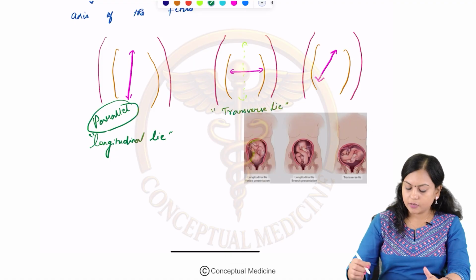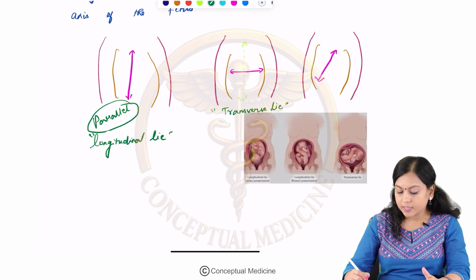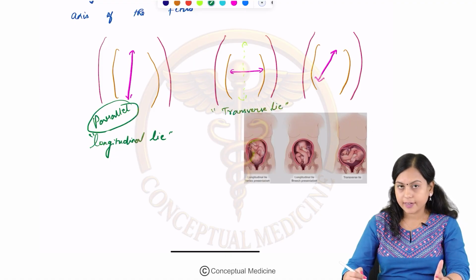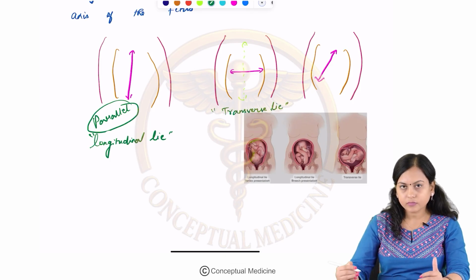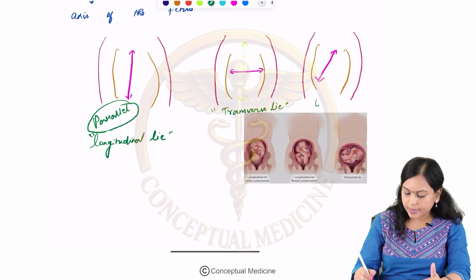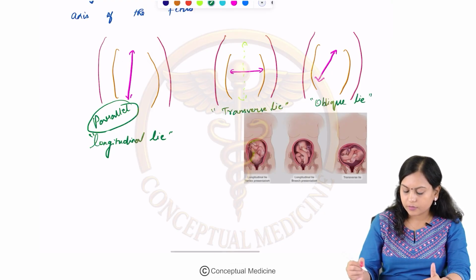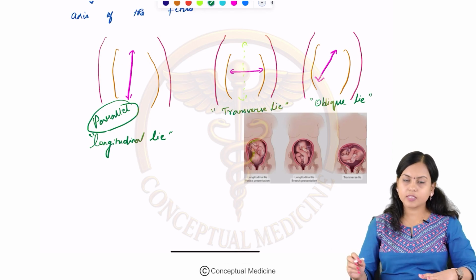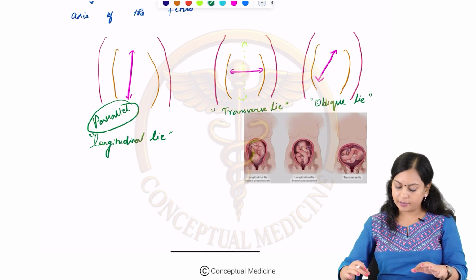Now, in this third picture, you are able to see that it is neither in a longitudinal lie nor in a transverse lie. But this is in a crossed manner, okay. So, this lie is known as oblique lie. Understood? So, these are the various types of lie we see, okay.